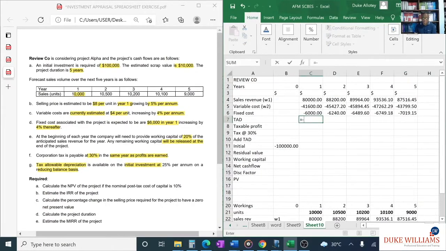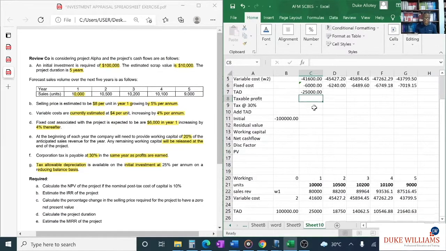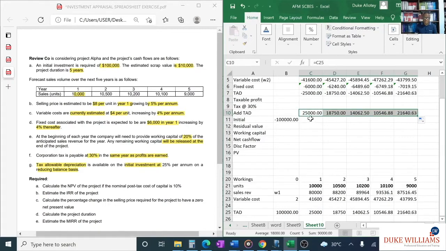So equal to negative of, so I'm taking that out, and they are all negative. But don't forget here it will be positive. So I'm simply going to reference that, and I have that here as well. So this then becomes my working frame.